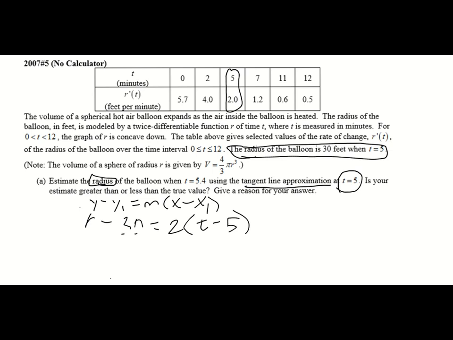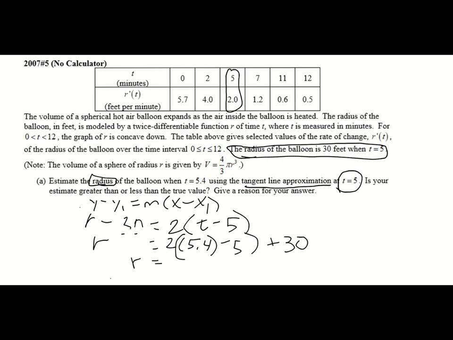And now they want us to estimate what r would be given a time value of 5.4. This is a no calculator problem, so they want us to substitute 5.4 in for the time. Oops, I closed my parentheses before I meant to. And we could add 30 to both sides to get the r by itself. So 5.4 subtract 5 would give us 0.4.